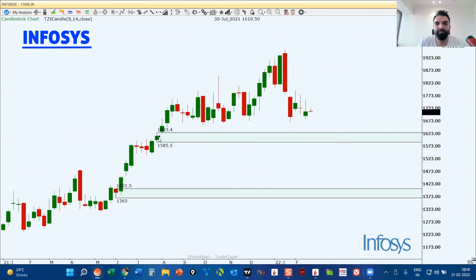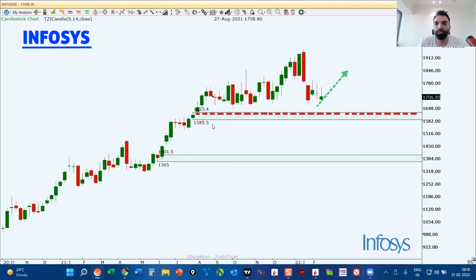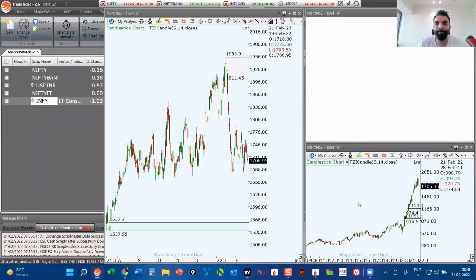Where the IT sector is already showing us a bounce, that is the reason why Infosys is not going down further. So it will be interesting to see, if the IT sector remains in that weekly level of demand, whether Infosys comes and tests this 1623 odd level from which it's likely to give another bounce. So keep a close watch on this weekly level of demand, 1623.40 to 1585.